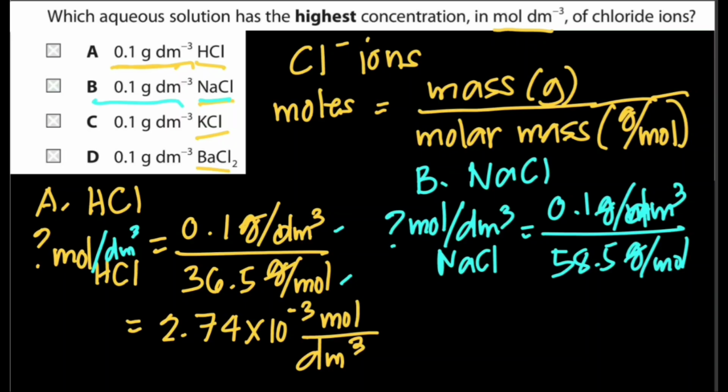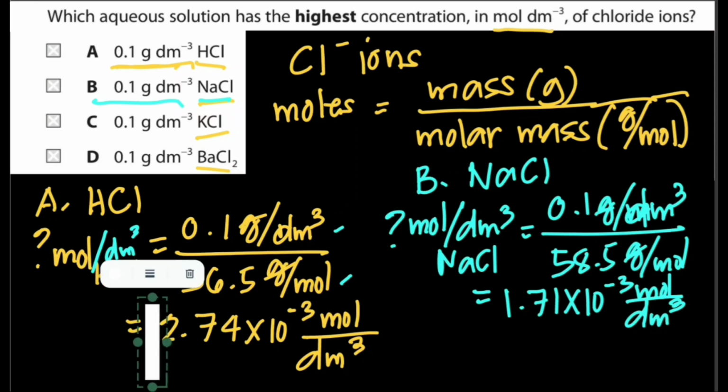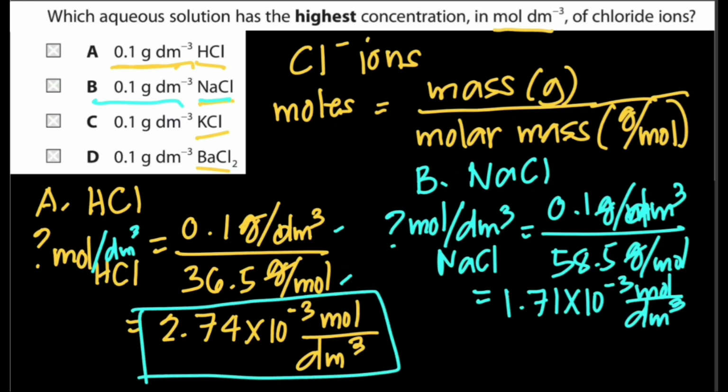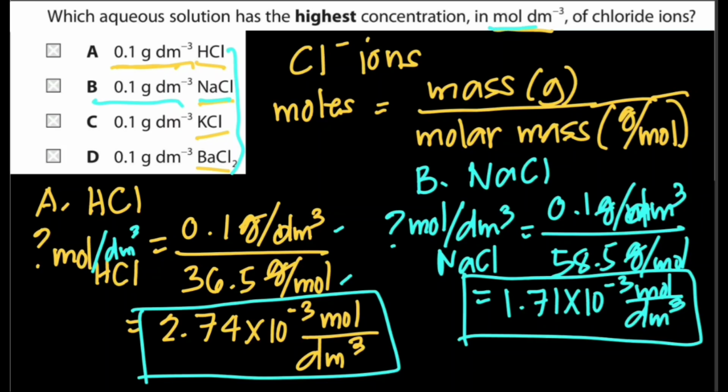Then the gram unit here cancels out, so the concentration is just equal to 1.71 times 10 to the negative 3 mole per cubic decimeters. So these are the concentrations of hydrochloric acid and NaCl. We need to get the concentrations of all of the choices here in mole per cubic decimeters, and then we compare them and choose the highest concentration.